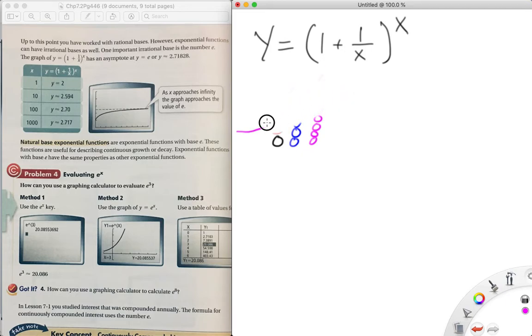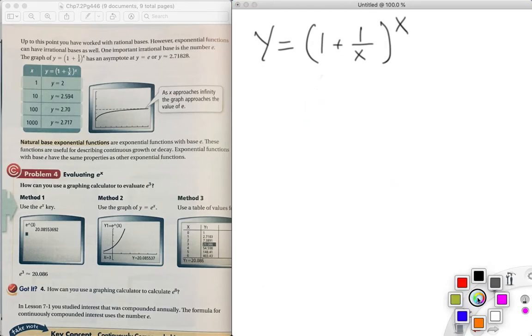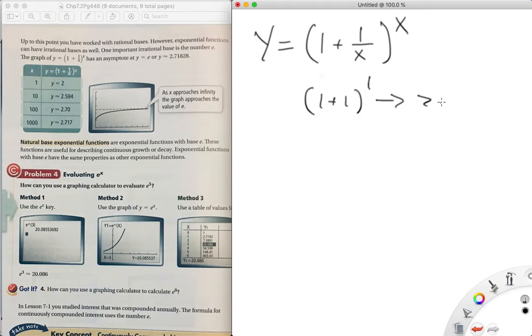When I think about that problem we just did, it's about doubling. If I had $1 and I doubled it, then I get $2.